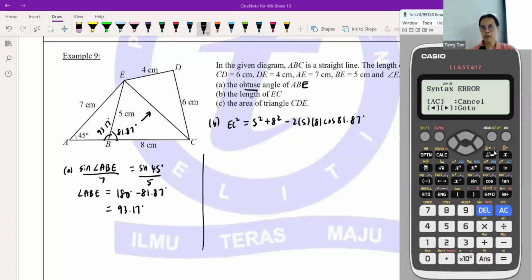So on the calculator, 5 squared plus 8 squared minus 2 times 5 times 8 times cos 81.87. Whatever you get here, oops, that's my mistake, extra multiplied. Whatever you get here, square root the answer, 9.359.